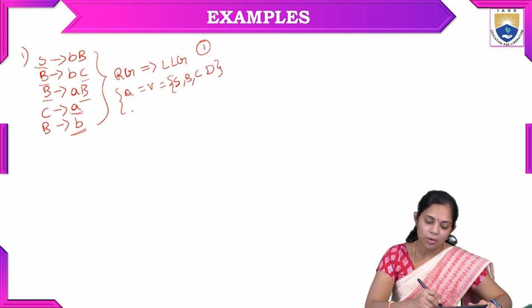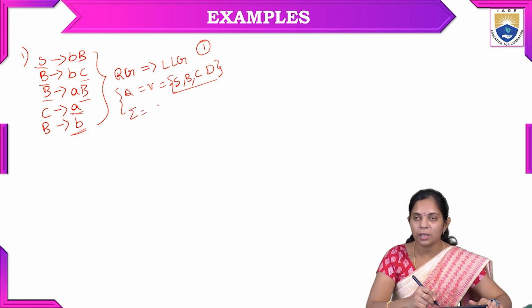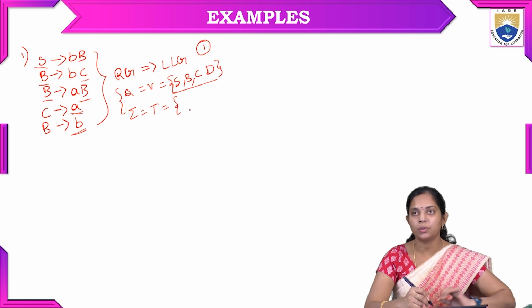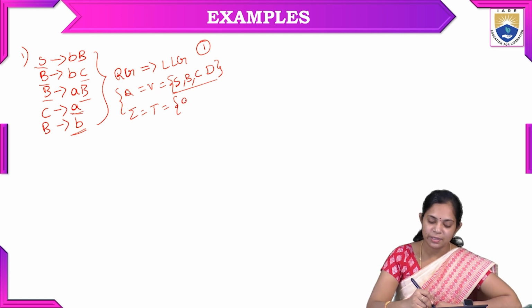After finding the Q value, we have to find the sigma value. What is sigma? What is that equivalent to in the regular grammar? Sigma is nothing but the terminals involved in these production rules. So A, B are the terminals, which are equivalent to the input symbols.